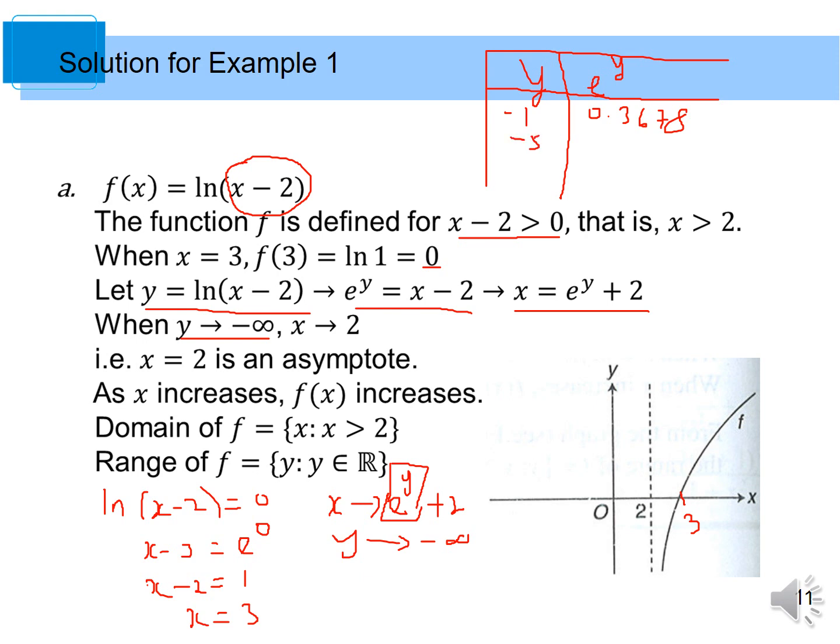You will have 6.738 times 10 to the power of -3.